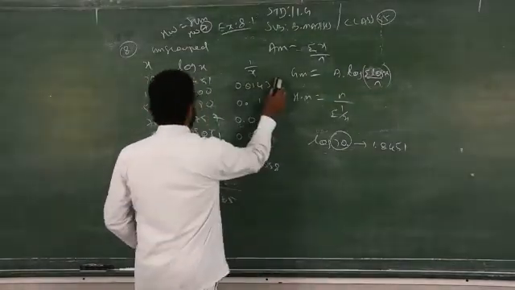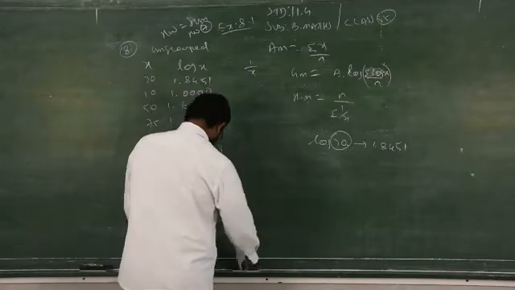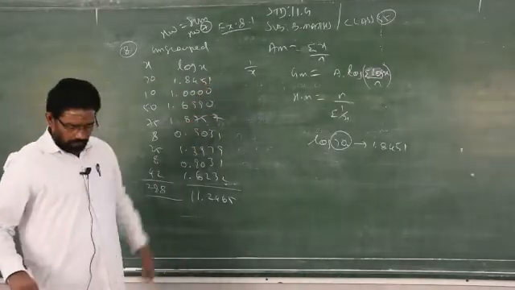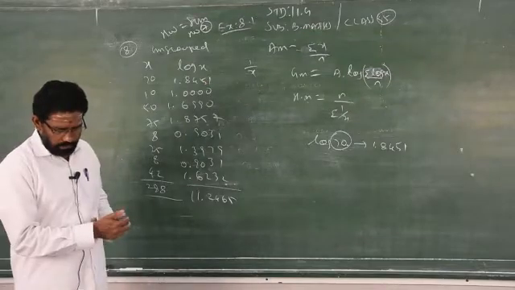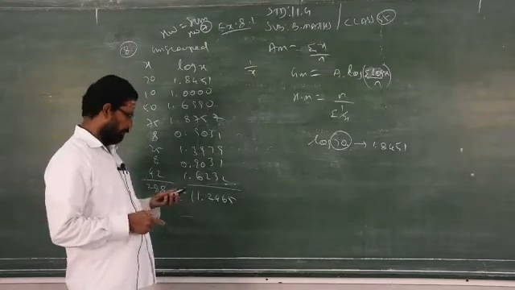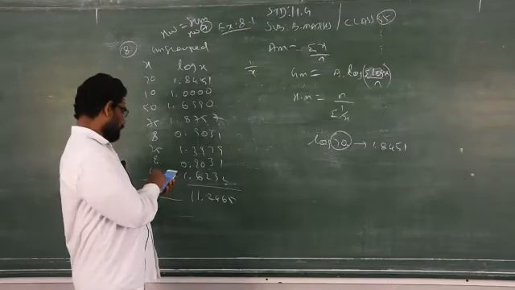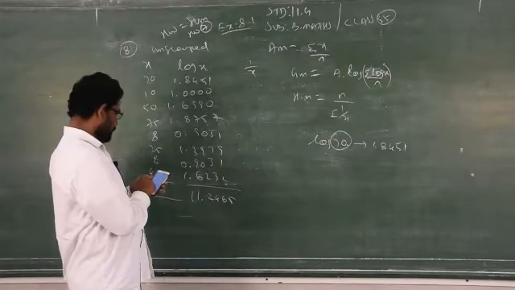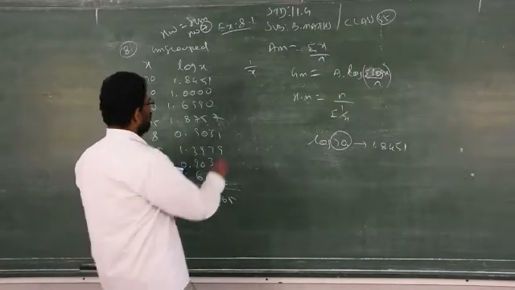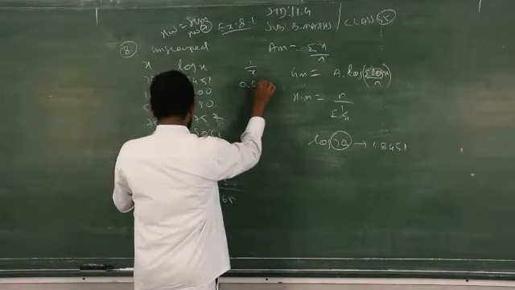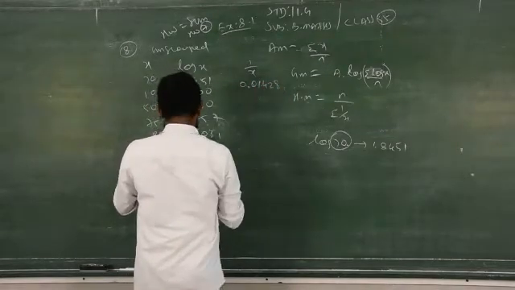We will use the calculator and find out. 1 by 70. What will be the answer? 0.01428.